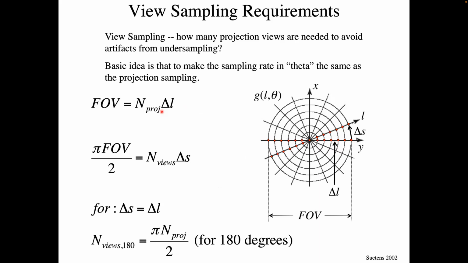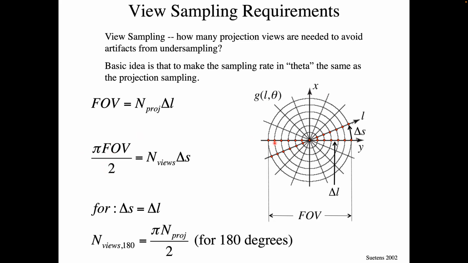I'm going to go back to those artifacts in a second. Algebraically, it works out to be very simple. I'm given a delta L by my system, and what I'm trying to figure out is what my delta theta should be, or delta S should be, in order to have sufficient sampling. I know that this distance along here is pi FOV over 2.